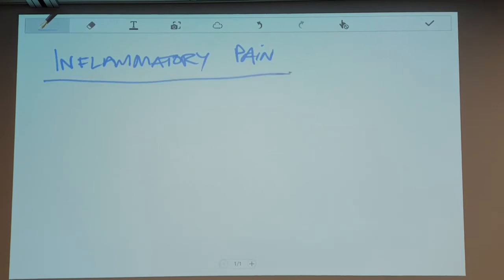Now, inflammatory pain is mediated not by nociceptors.